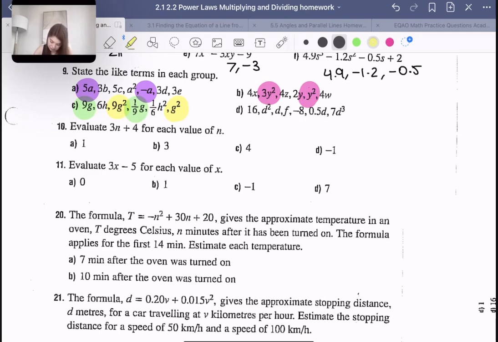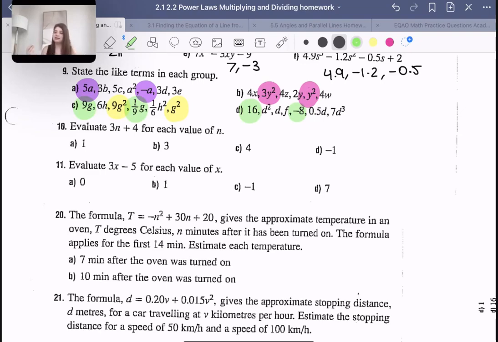Good. All right, and for the last one, it says 16d, d squared, f, -8, 0.5d, and 7d cubed. Okay, actually, I don't think it was by mistake because there's also two sets here as well. There's 16 and -8, right? Those are both constants, and constants are like terms, right?